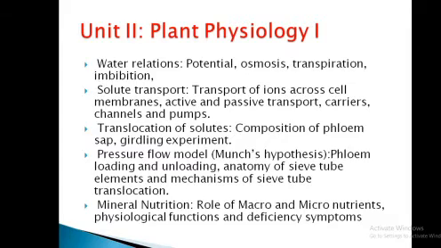That is the water relation, how the plant and water are correlated with each other, by means of water potential, osmosis, transpiration, and the concept of imbibition. Next, solute transport. The transport of ions across the cell membrane, active and passive transport, carrier, channel, and pump. All these are included in the types of transport systems.